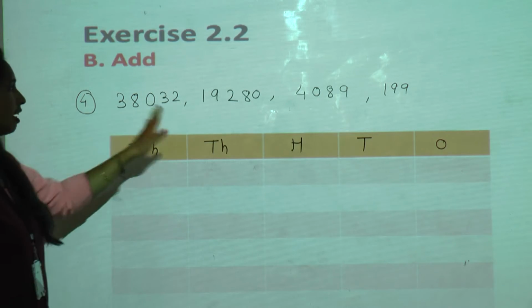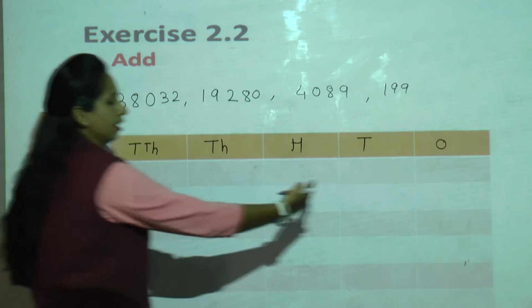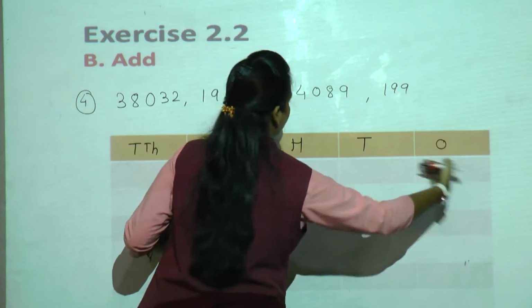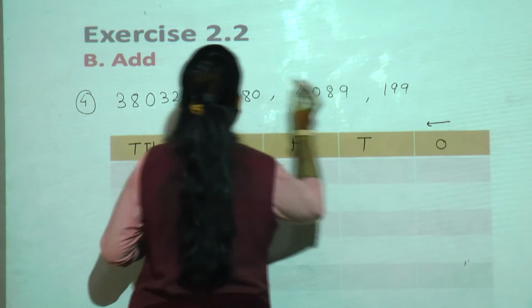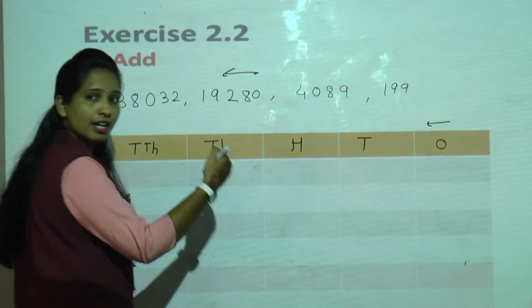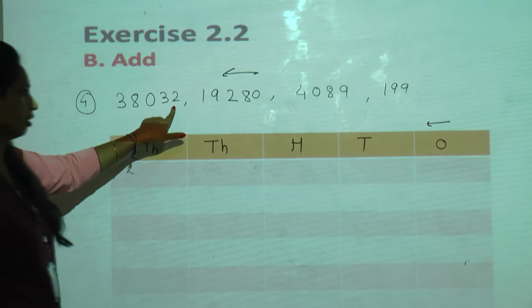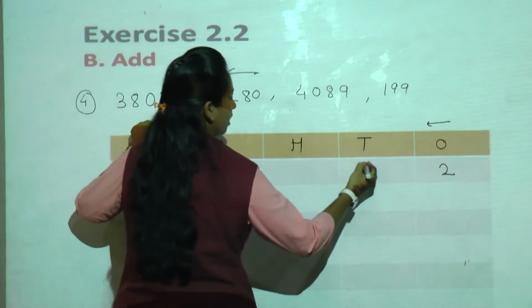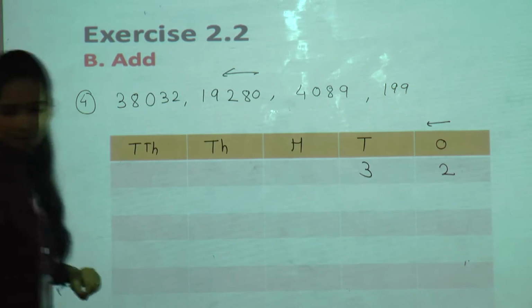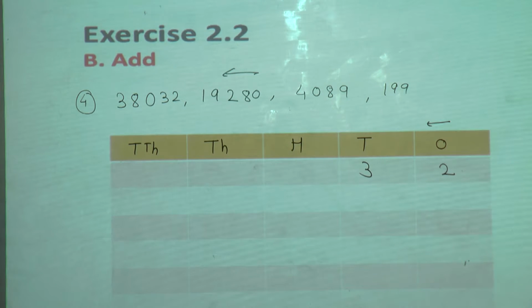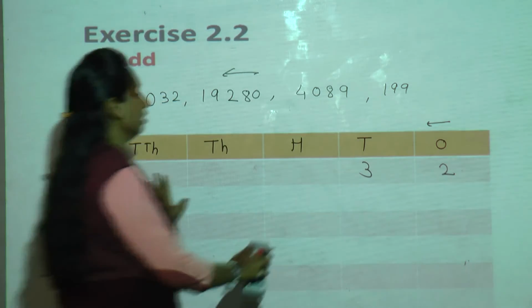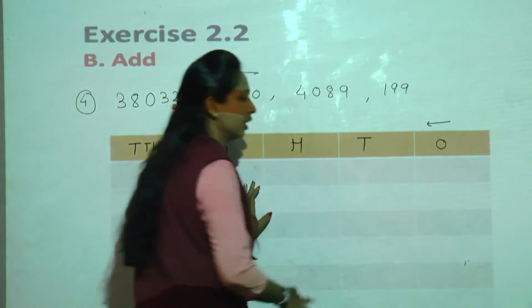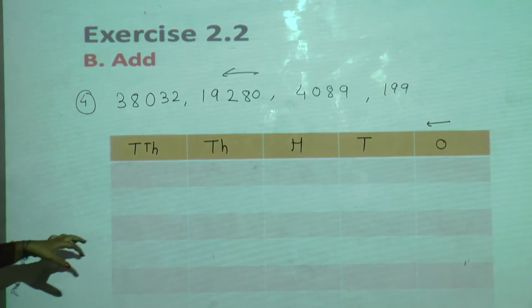So always start from the right side. Numbers also start writing from right side. So what is there? 2 on ones place. The next is 3. Sorry, I am writing on the first row. We should not write on first row. Why? Because one line we should leave for the carry.